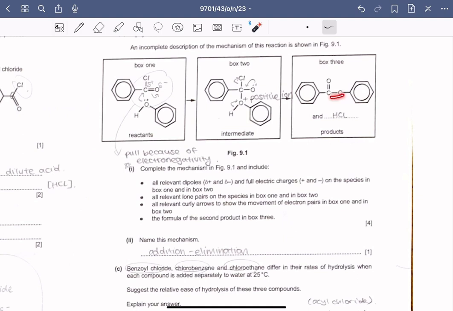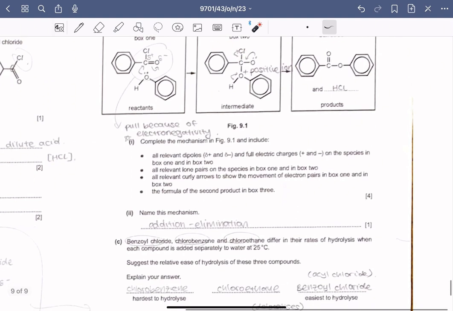When the electrons here are donated to the O positive ion, the H is released, and so this bond is formed, and the Cl atom is also released, and the lone pair forms a bond here. So there's a double bond that is formed, and HCl is formed because H plus and the new Cl minus bond together. Name the mechanism. It is addition-elimination reaction.